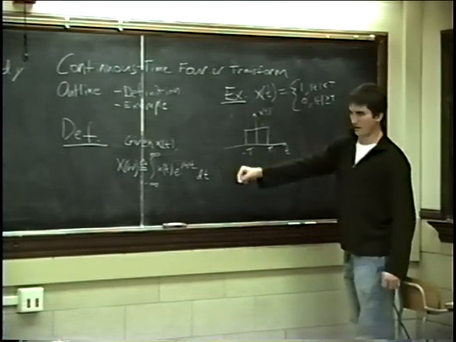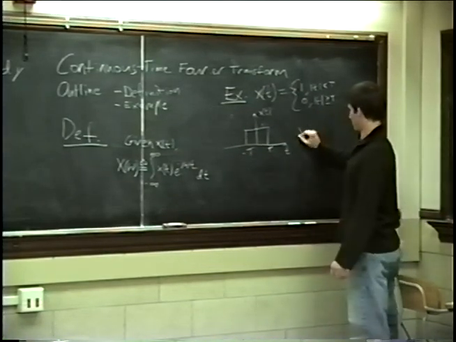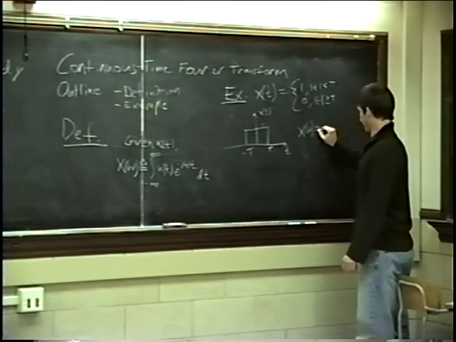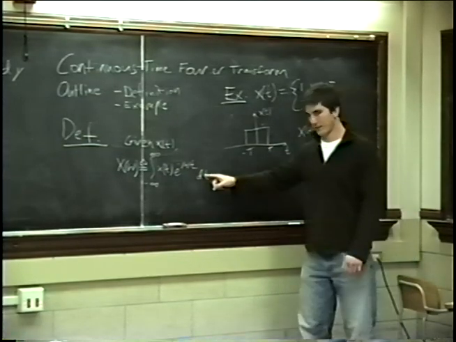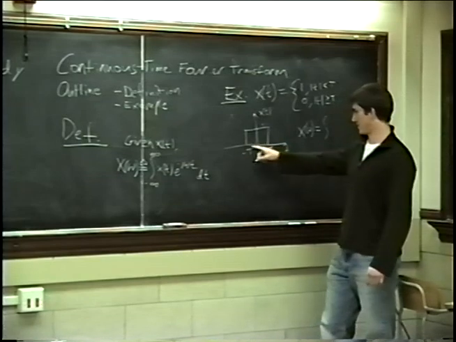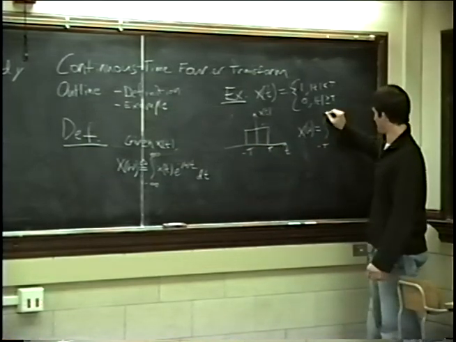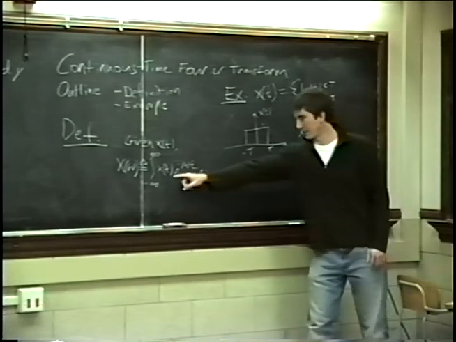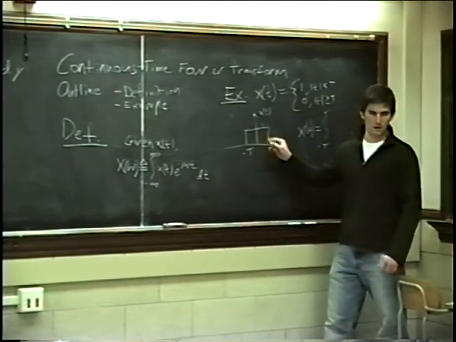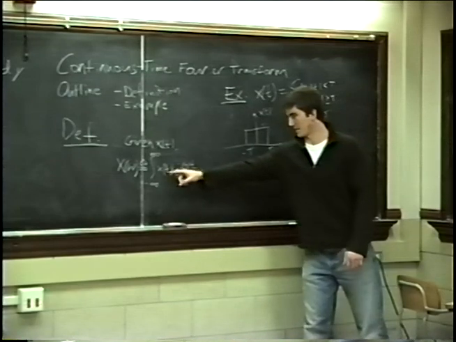So we plug it right into our definition here. We get this. We're integrating over time, right? The support of this function is only from negative t to t. So that's what we're going to put in our integral. And the amplitude of x of t over its support is always 1. So we can ignore that, assign it to 1, and we just get this.